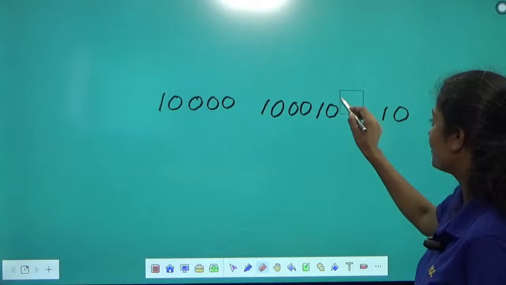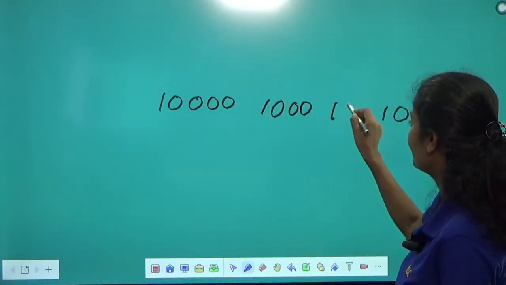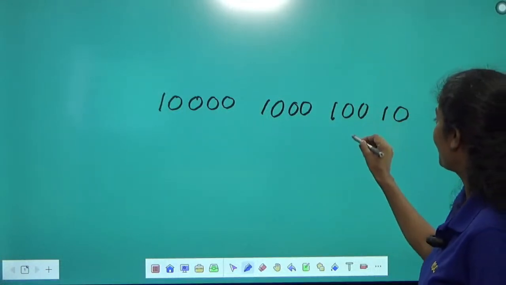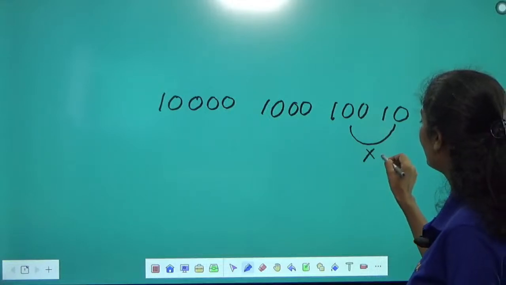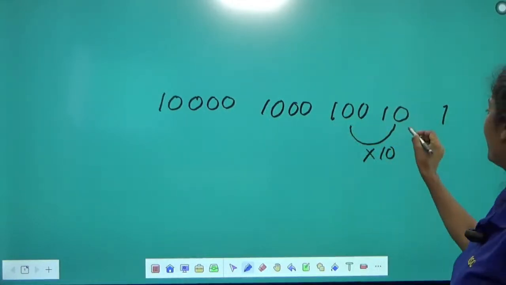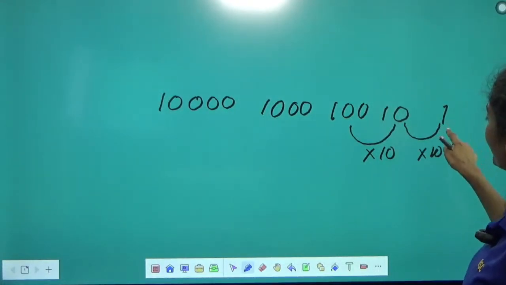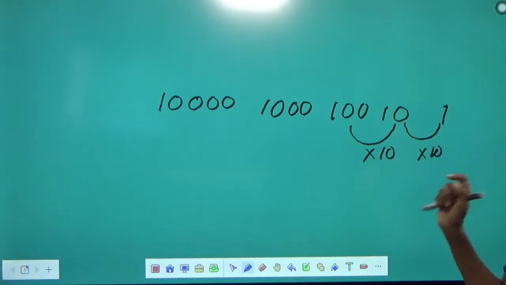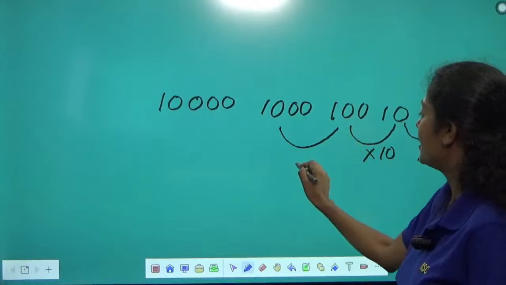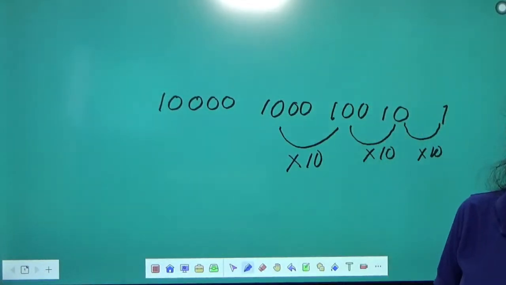Then 100, how can you obtain it? 10 times 10, you can obtain 100. Here again, 1 times 10 you can obtain 10, right? 10 times 10, 100. Then again 10 times 100, 1000.